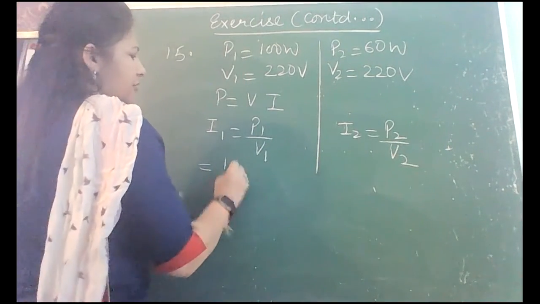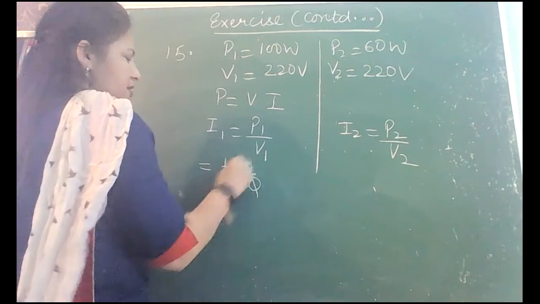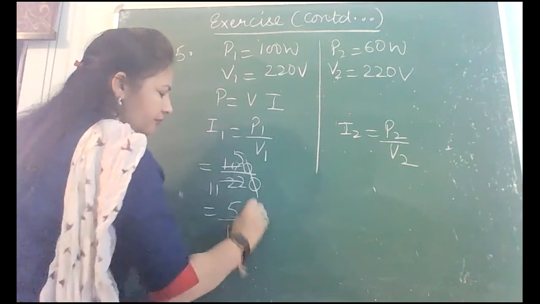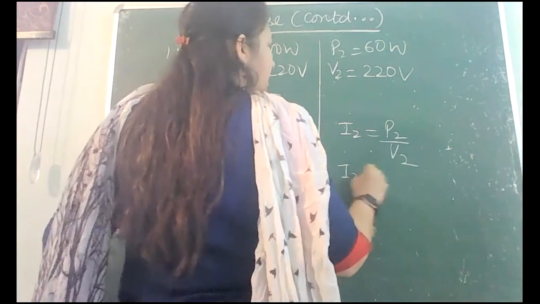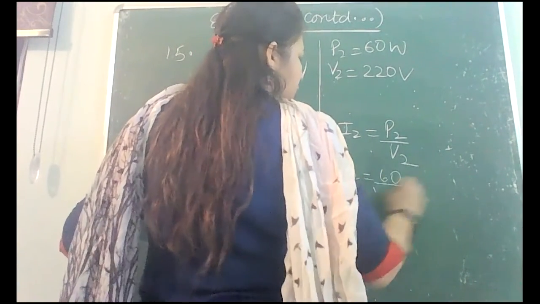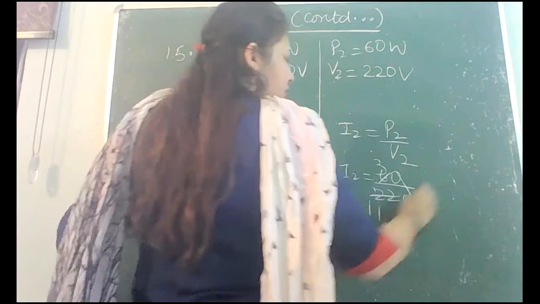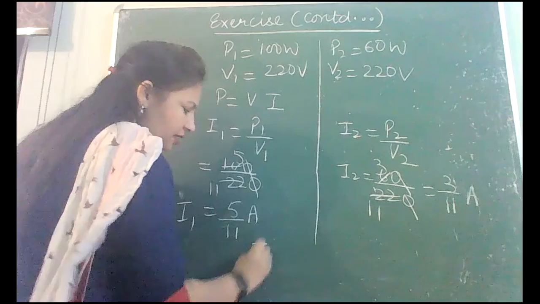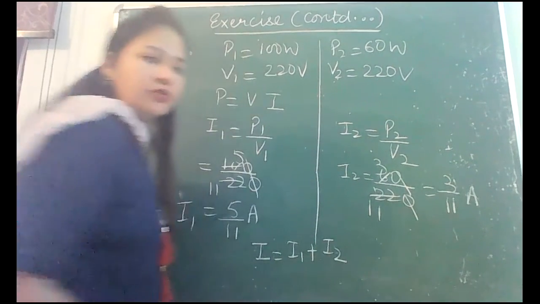So I1 is 100 over 220. This is 5 by 11 ampere. And I2 is 60 by 220. The zero gets cancelled and we get 3 by 11 ampere. So when they are connected in parallel, we know that the total current is the sum of the two currents.